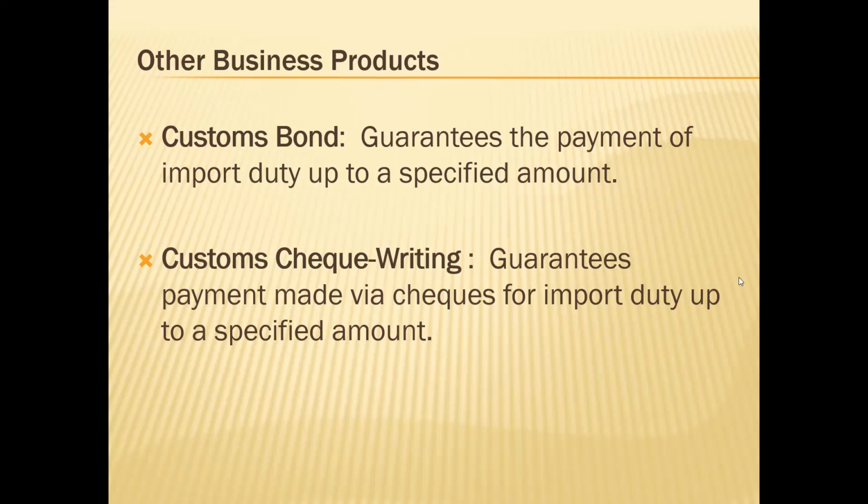So for example, a business that wants to bring in some goods, whether it's an incorporated business, a partnership, or trading as a proprietor, they're bringing in goods and services. They may employ a customs bond rather than having to use cash or a check every time they go to the customs department.